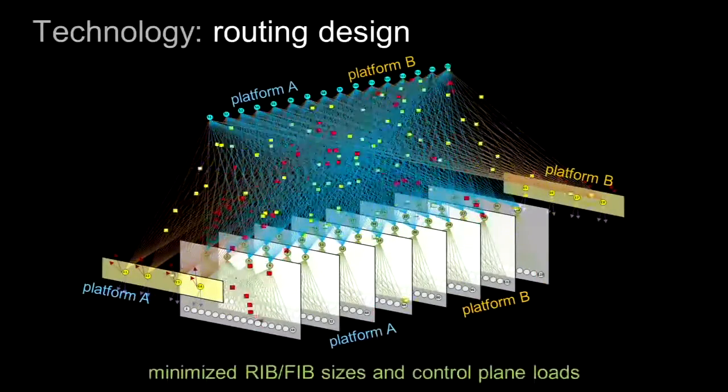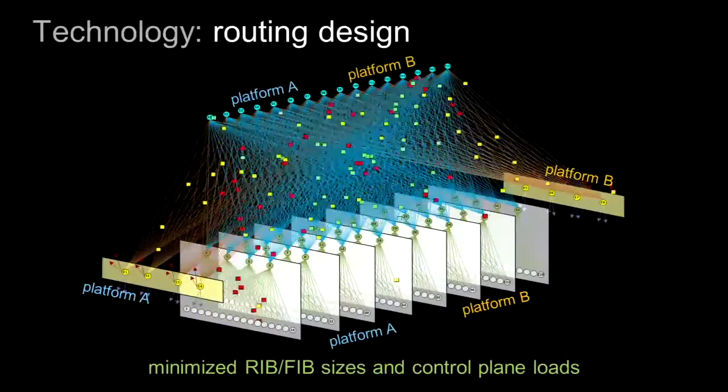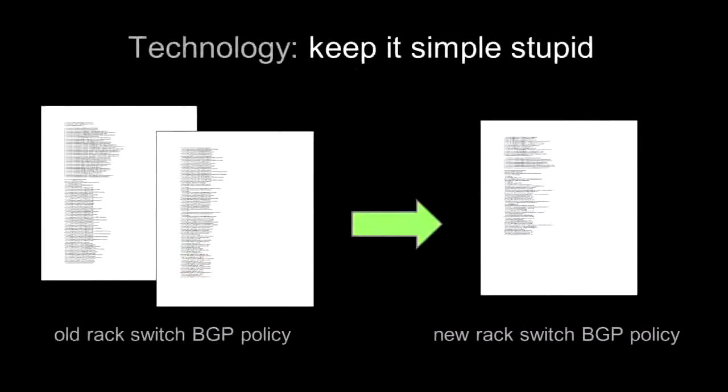But we were able to minimize the FIB and RIB utilization by BGP design and minimize control plane loads to make it really suitable for the small and simple devices. And this fabric complexity is not always translating into the logical. We were able to simplify things. For example, that was our old BGP policy on the rack switch, and our new one became much simpler with the fabric.